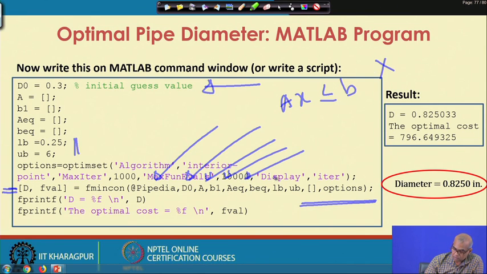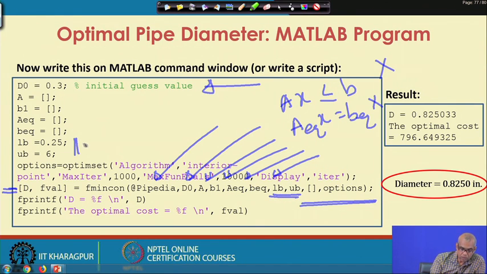Then the next two are for Aeq x equal to Beq, which again I do not have. And then we have lower bound and upper bound, and we have defined those as LB equal to 0.25 and UB equal to 6.